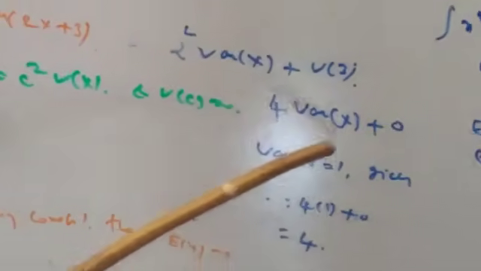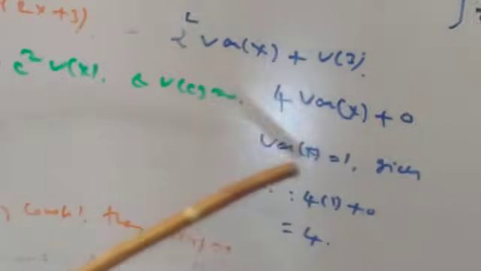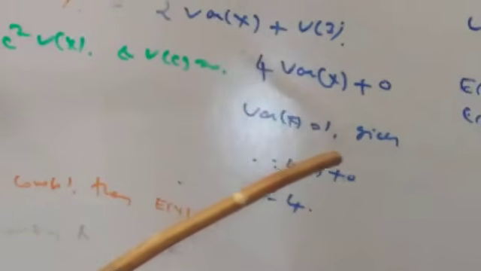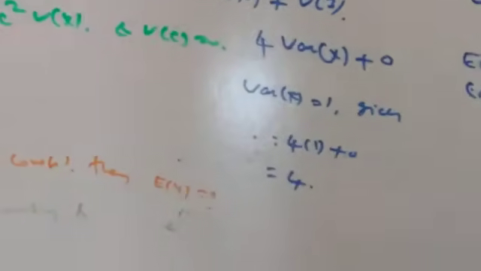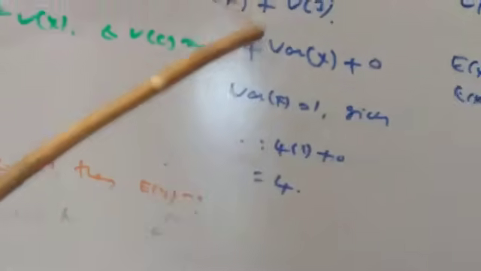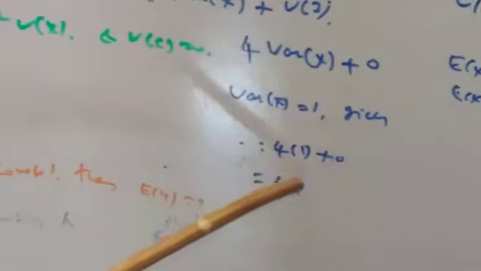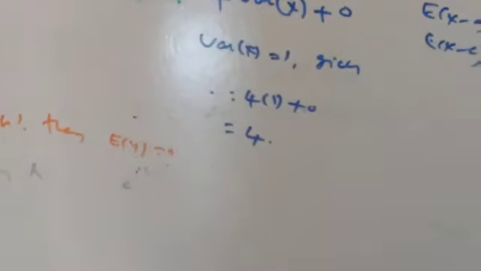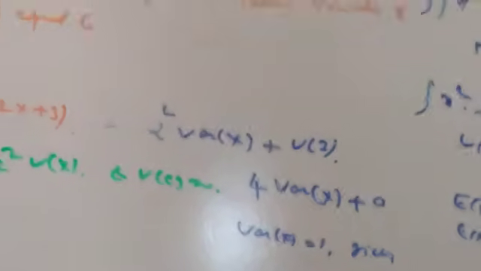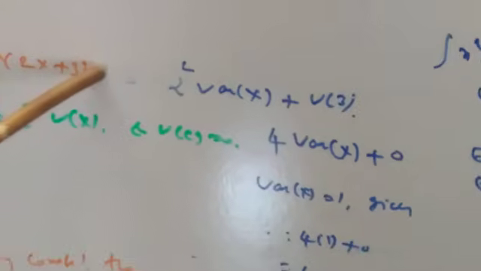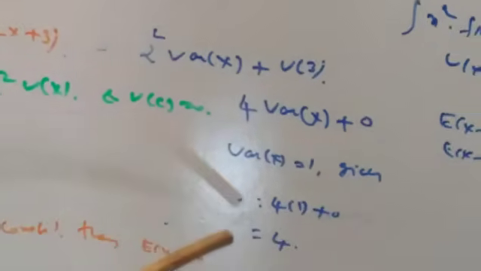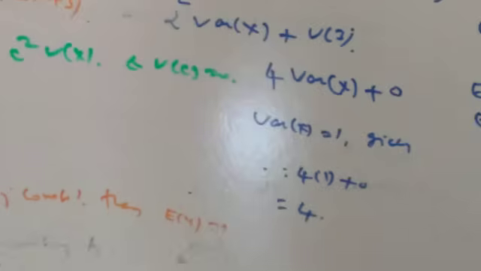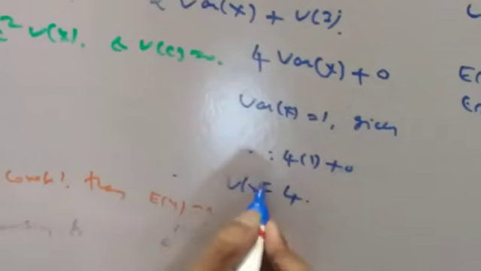The variance of X is given as 1, therefore 4 into 1 equals 4. So this is the answer.